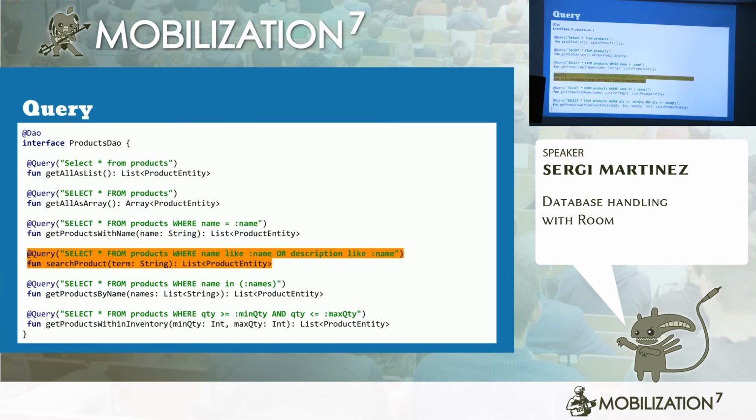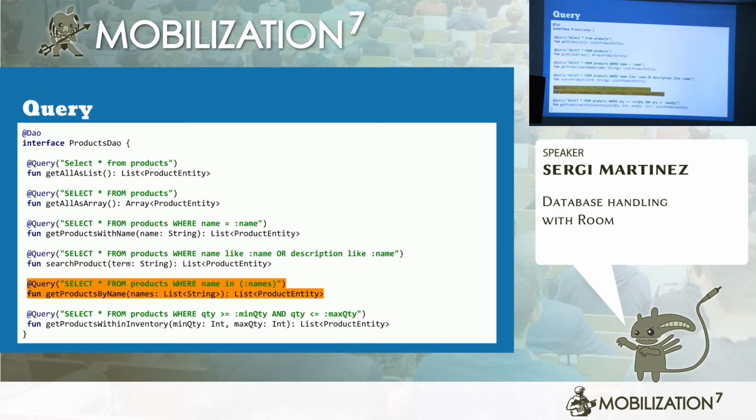Next one, just to show you that we can use the same parameter more than once. In this case, I call it search product. So it's looking for the word name in the name and in the description. We can also provide a list of strings and use it in the IN operator.